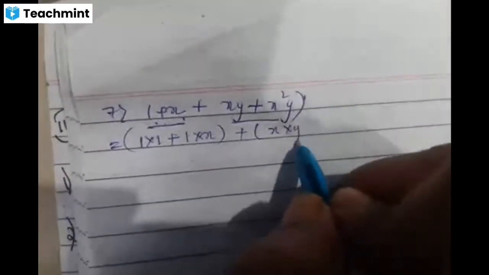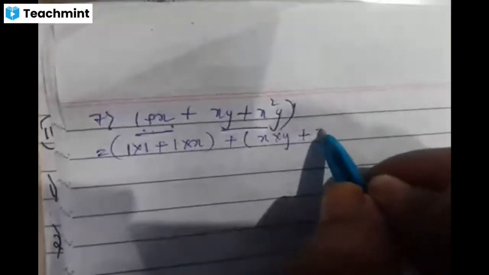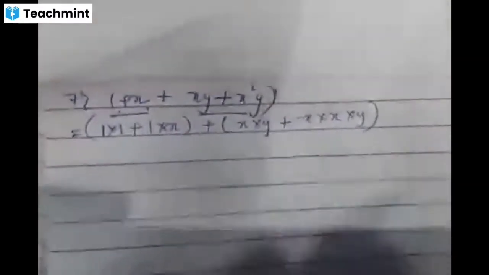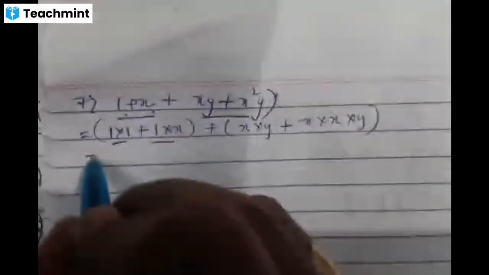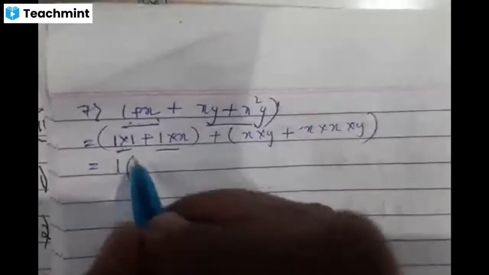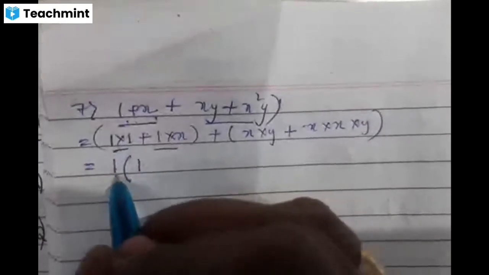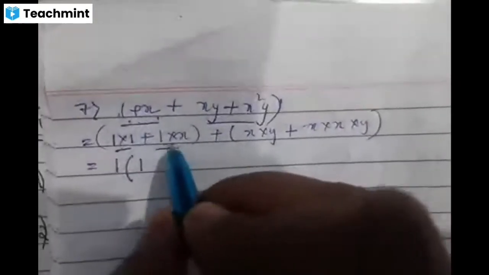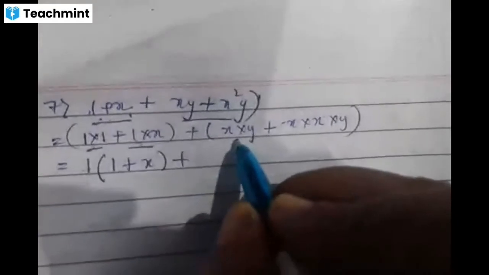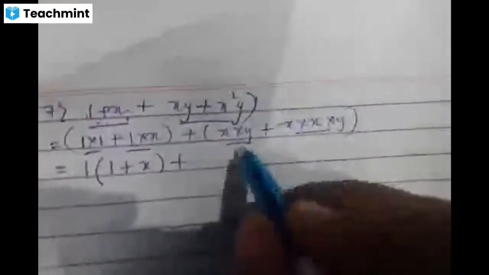Xy I'll write it as x into y, plus x square y I'll write it as x into xy. Now you can understand what is common in the two terms. What is common here? 1 is common. So 1 I'll write outside. If 1 is taken outside, you will be left with 1, because 1 ones are 1. Then in this, you have 1 into x means plus 1 I have taken outside, x is left. Plus here, what is common in both the terms children?